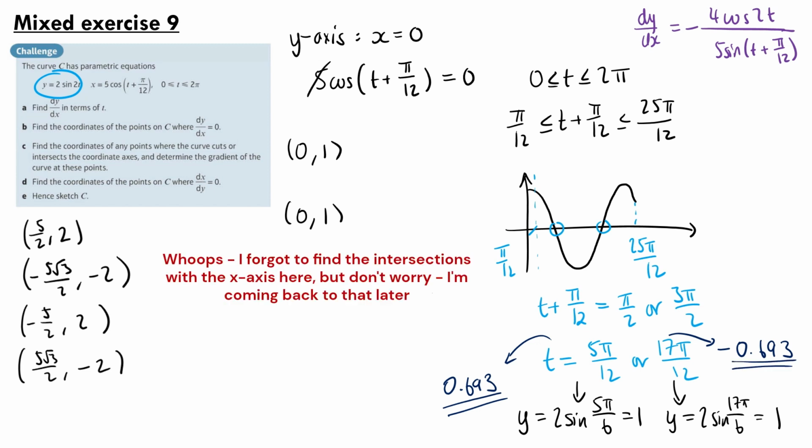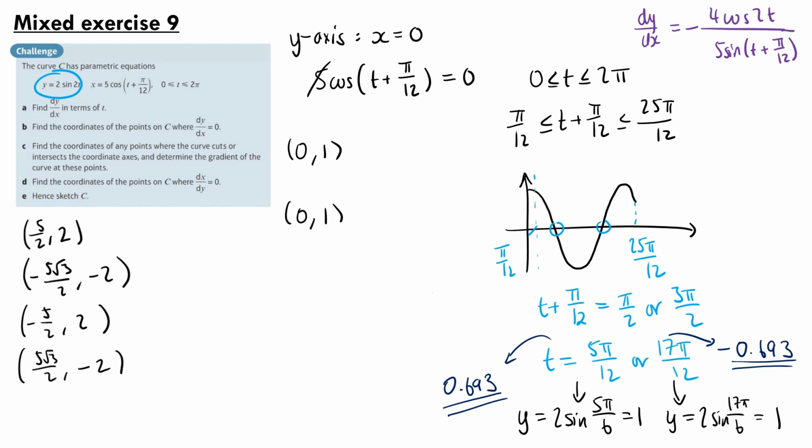For part D, we're then asked to find the coordinates of the points on C where dx by dy is equal to 0. So dx by dy is the reciprocal of dy by dx, so it's going to be minus 5 sine of (t plus pi over 12) over 4 cos of 2t.